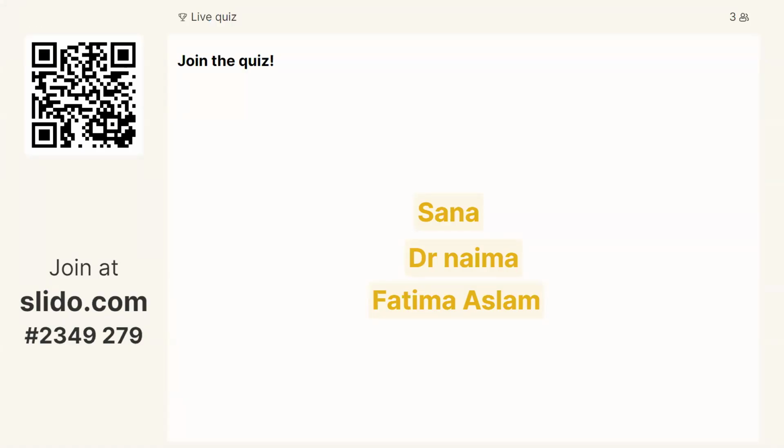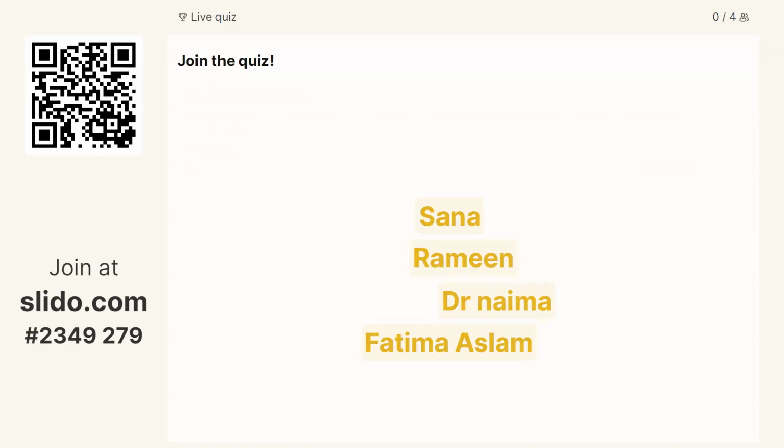Yes, they're asking for the code. This is the code, 2349279. Can you see the code on my screen? Yes. Enter this code. Have you entered? Yeah, I'm just writing my name. All right.